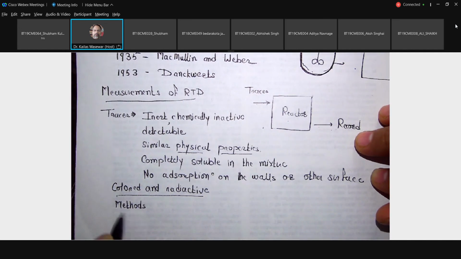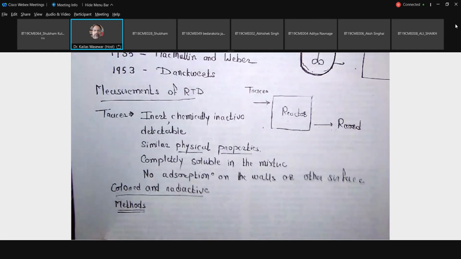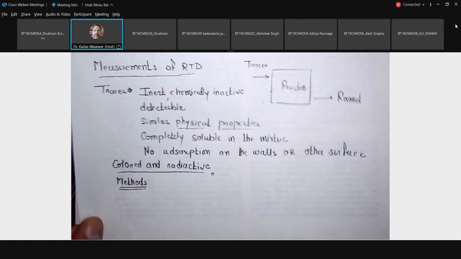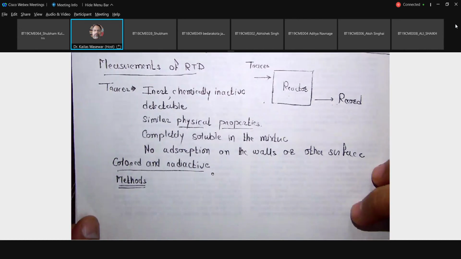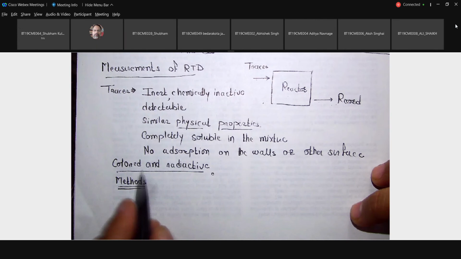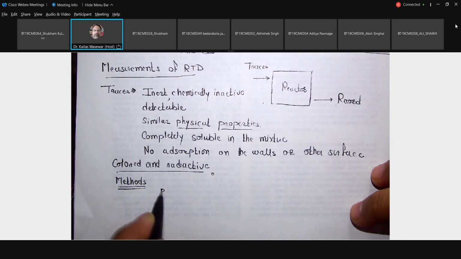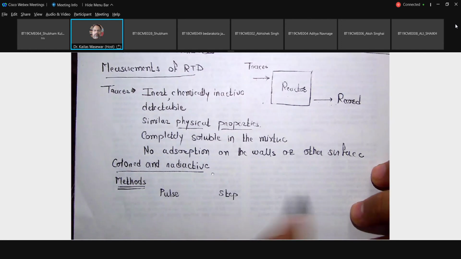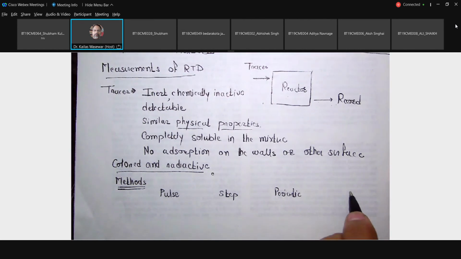Now there are various methods that we can use, and that depends on how we are introducing the tracer into the reactor. Mostly it is called a pulse input, then step input, periodic input also we can give, and random input.